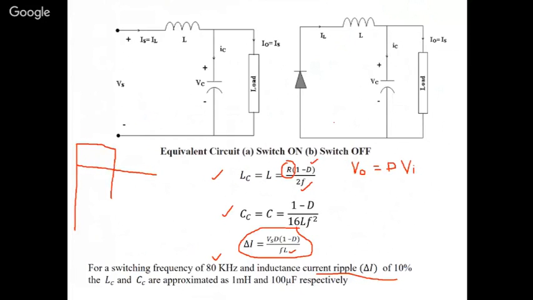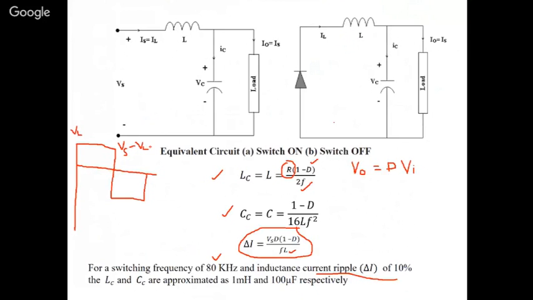Here the voltage across the inductor in the first case will be Vs minus the output voltage. The load voltage, or here the capacitor voltage.